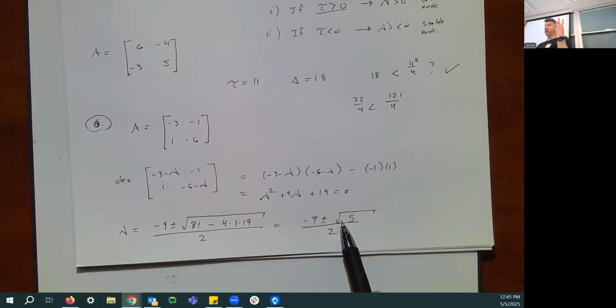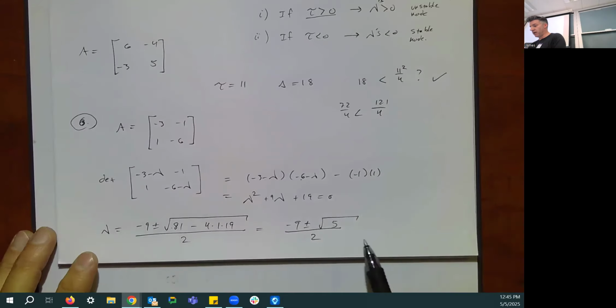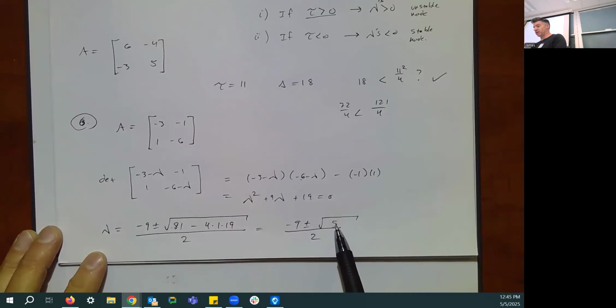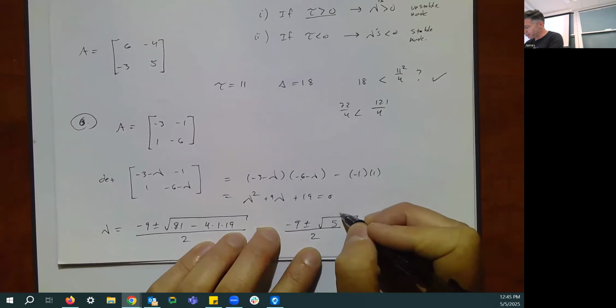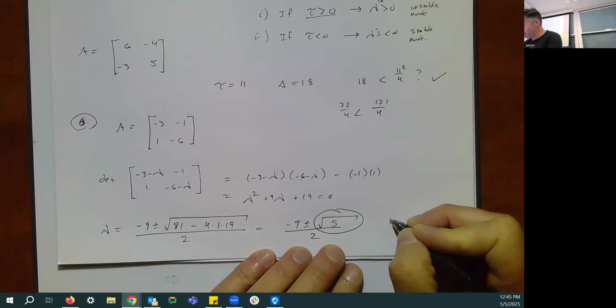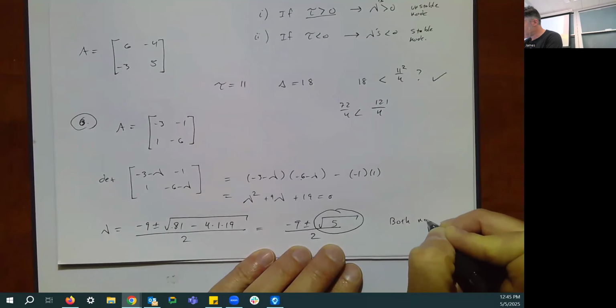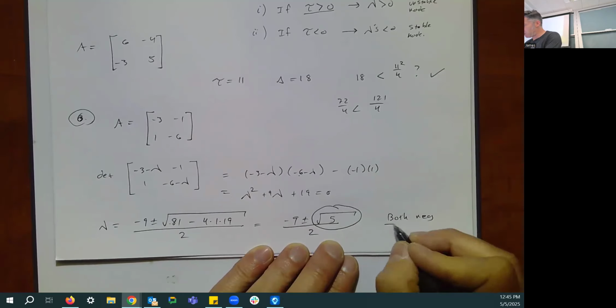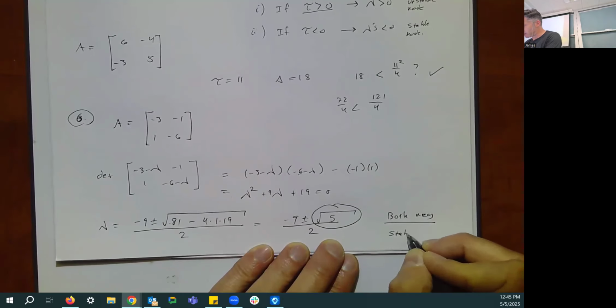They're both negative. And again, we're seeing the thing we saw before where if you're adding or subtracting something that is smaller in absolute value than the thing you started with, you're not going to be able to get a change in sign. They're both going to be negative, or they're both going to be positive. So these are both negative, meaning we have a stable node or a sink.